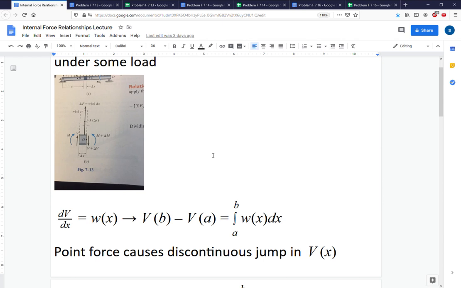Now, if it is a load force, so one of these W functions, then we can again get into calculus and say that if we have a very, very thin segment right here, this W function is essentially constant over this very, very thin segment. W is in fact a function, it will in fact change, but we're doing integration via Riemann sum here.